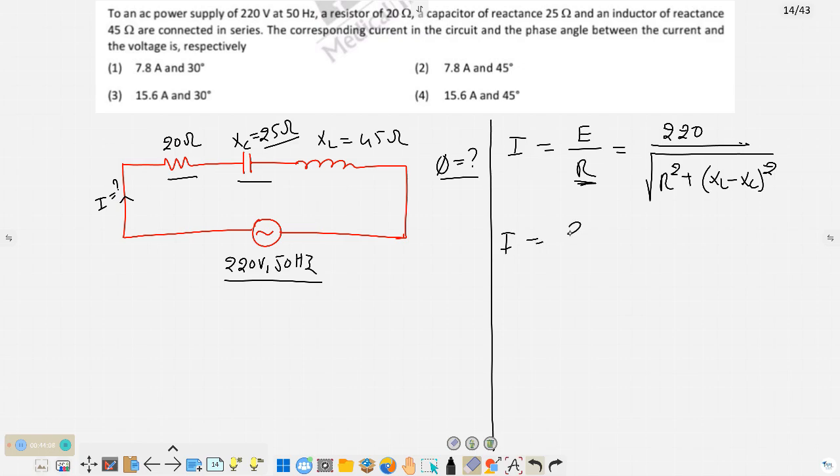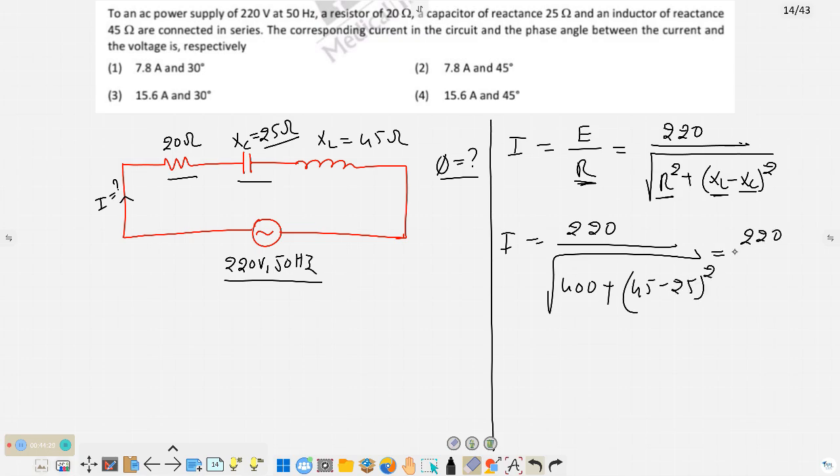So I is equal to 220 divided by the square root of R square, that is 20 square, which means 400, plus (XL minus XC) whole square. XL value is 45, XC value is 25, so 45 minus 25 is 20, and 20 square is 400.